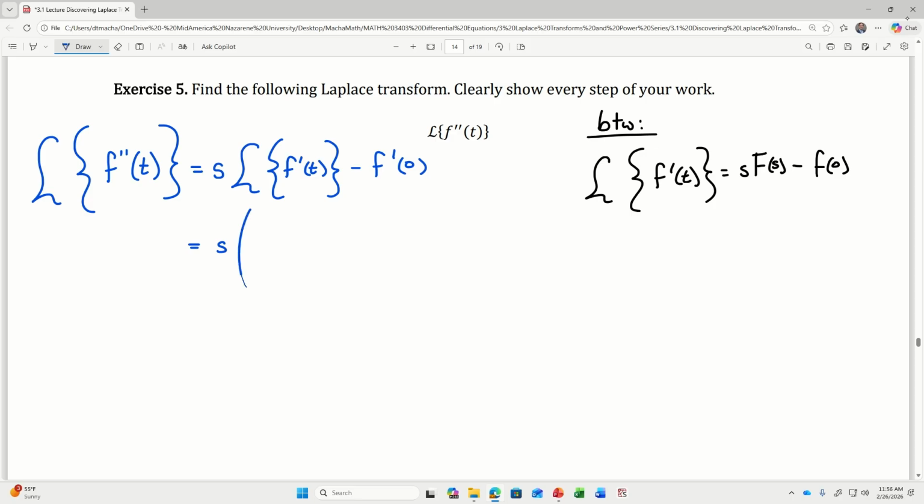And that would be s times capital F of s minus f of 0 minus f prime of 0, which is s squared capital F of s minus s f of 0 minus f prime of 0.